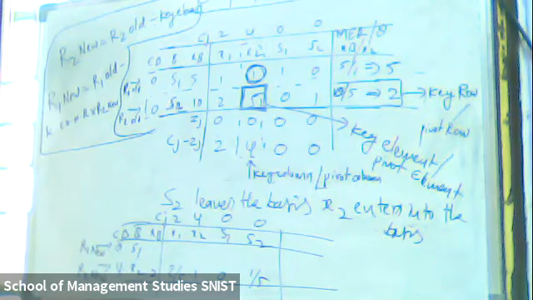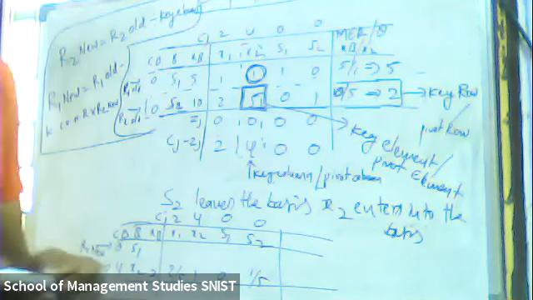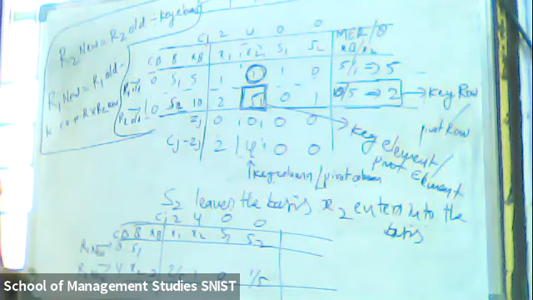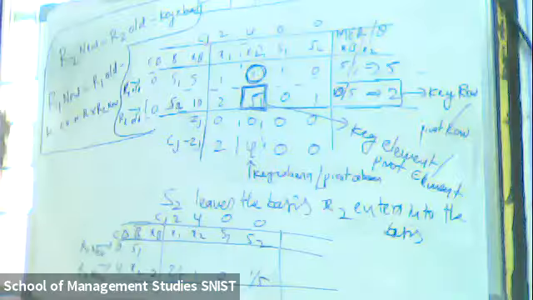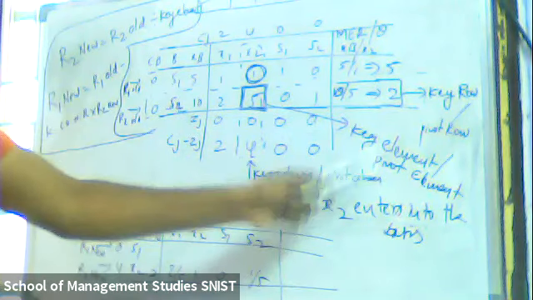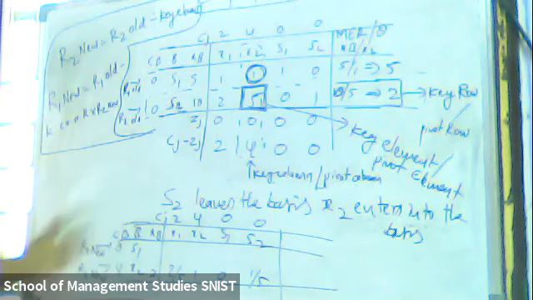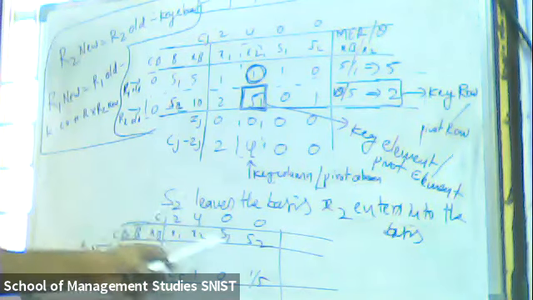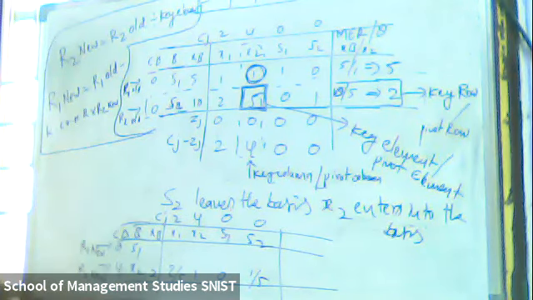Did you understand this? Yes, sir. Explain it once again, sir. I will explain once again. Listen, this is the first initial simplex table. Now to write the next new simplex table, first which one has entered has to be solved.